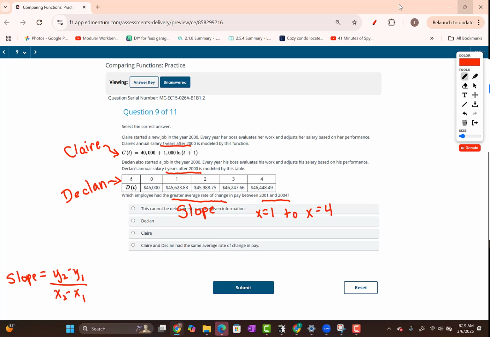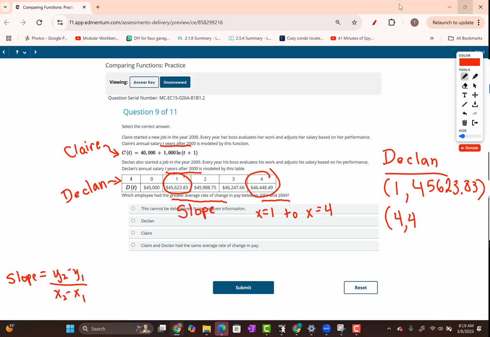Let's start with Declan because his will be much easier. So when x equals 1, his salary is $45,623.83. When x equals 4, he's got $46,448.49.